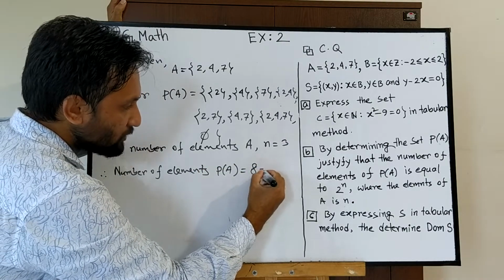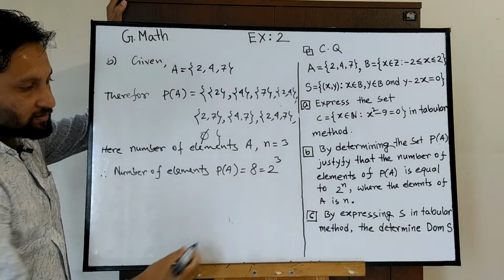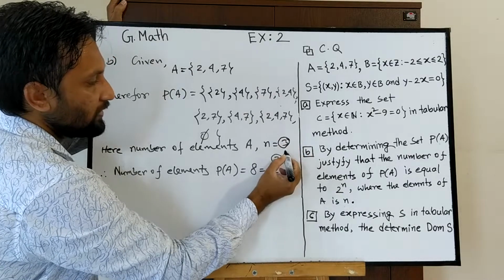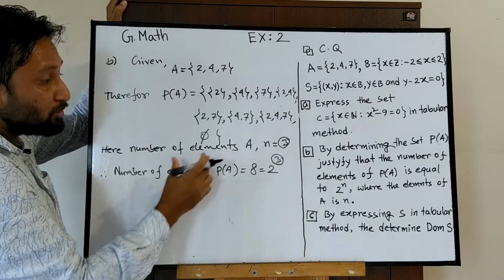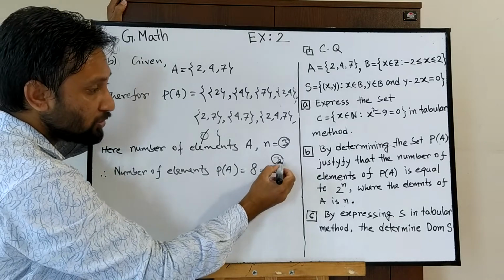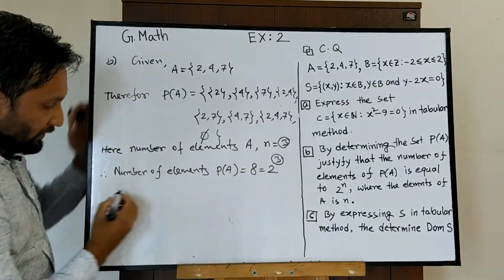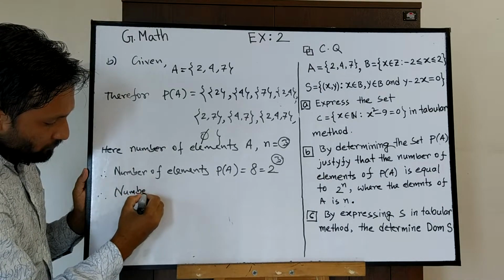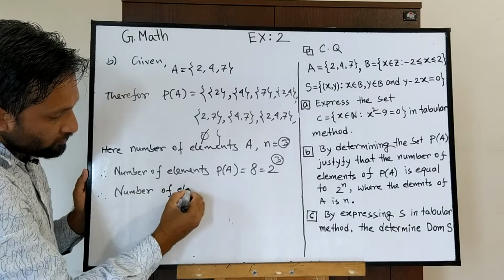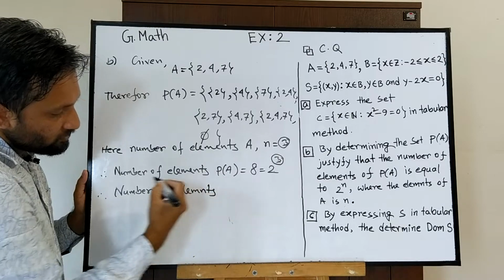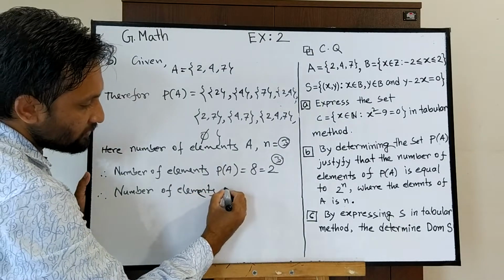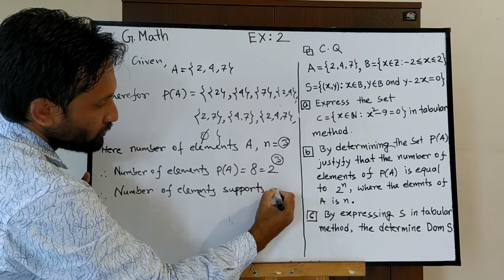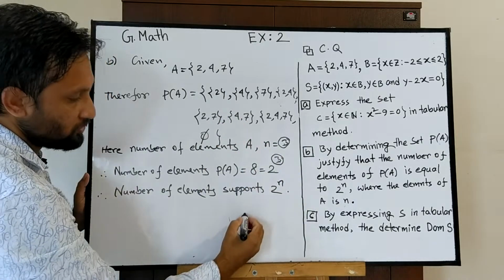So 8 we can write as 2 cube. Here see that in 2 cube the exponent of 2 and the number of elements of A are the same. So we can say that the number of elements of P of A equals 2 to the power n. Proved.